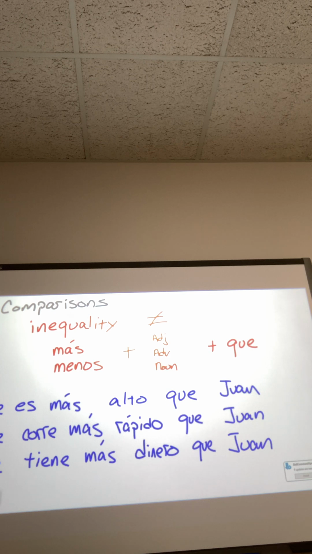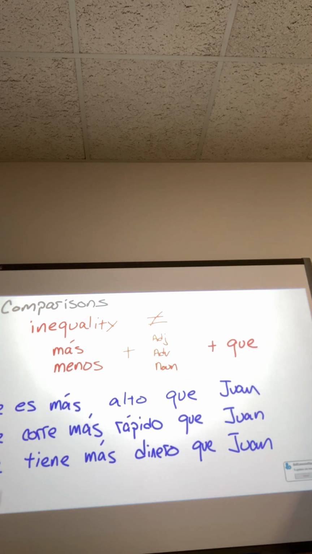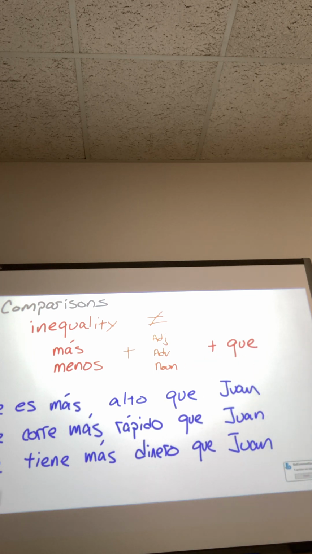An adverb tells you how the action is being done. Quickly, slowly, difficultly, things like that. So if something is faster than something else, if something is slower, etc. And then of course nouns: person, place, thing.